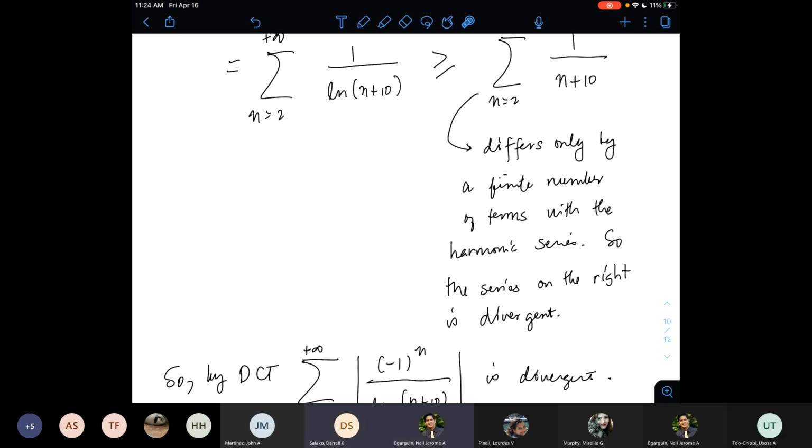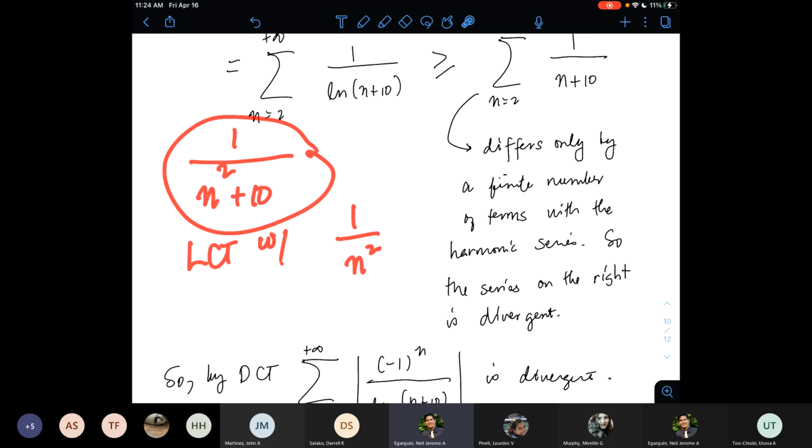What if it was n squared plus 10 instead of n plus 10? If it was n squared plus 10 in the denominator, then you'd do the limit comparison test with the p series 1 over n squared, and you will see that it will be convergent, because 1 over n squared plus 10 behaves proportionally to 1 over n squared.